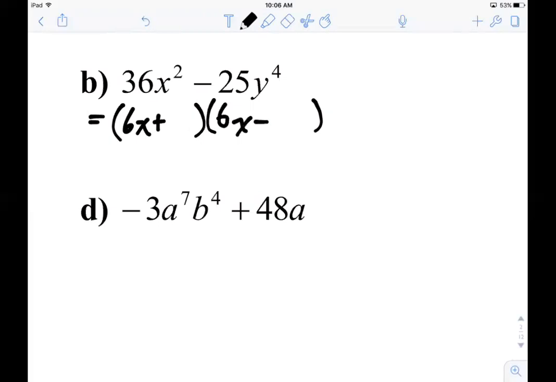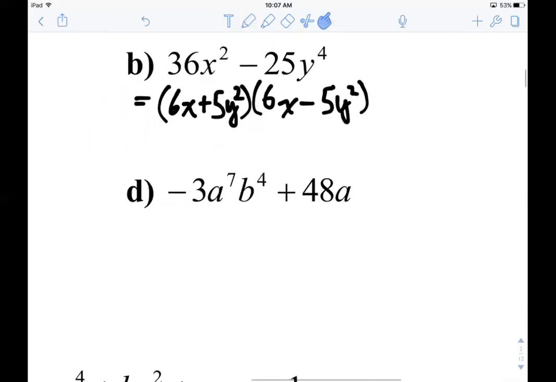To finish off those brackets, I take 25y to the power of 4 and square root it. Well, 25 square rooted is 5. And then y to the power of 4, when I square root that, it cuts its exponent in half. Remember we talked about that in a previous lesson, that when we are square rooting something that has an exponent on it, we just cut its exponent in half. And this would be minus 5y squared for the same reason.